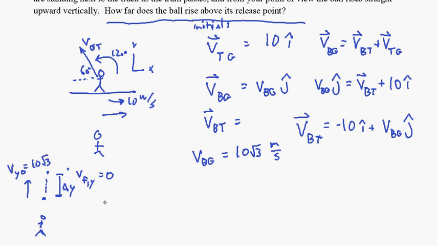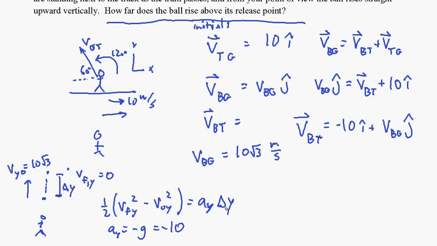And then we just use v final y squared minus v initial y squared equals acceleration in y times change in y. Okay, so again, as I've said before, really awesome people know acceleration y is negative g, and really awesome people use 10 for g. Okay, because it makes things easier.